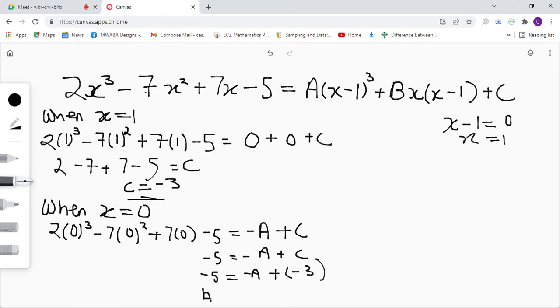So we'll have a equals negative 3 plus 5, okay? And therefore, negative 3 plus 5 is 2. So our value for a is 2, all right?